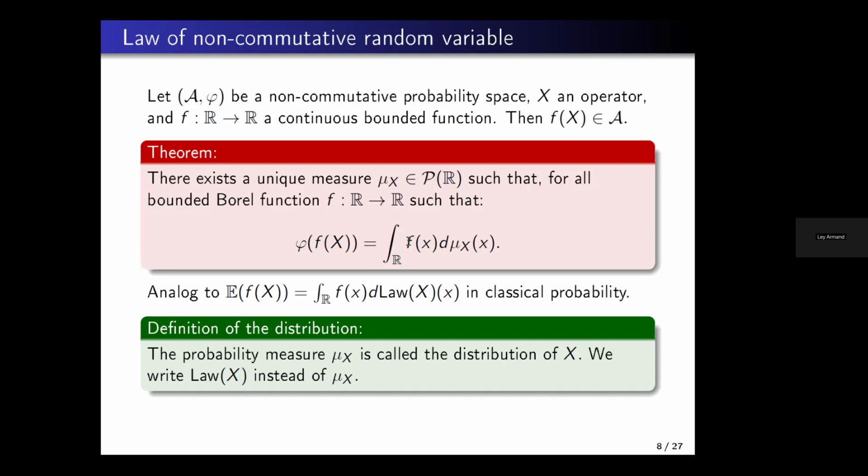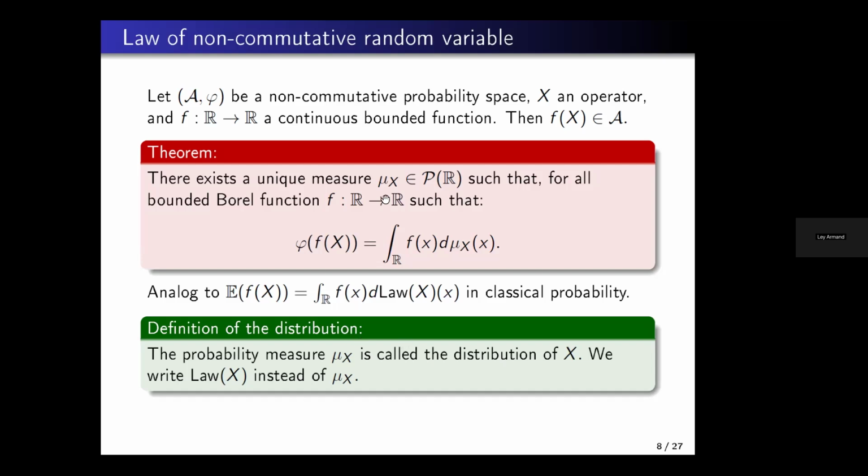This is analogous, for those who remember their probability lessons, to the transfer theorem, which says that the expectation of f of x, if x is a usual random variable, is the integral of f against the law of x. So you have an analogous equality, but the difference is in the definition of f of x.